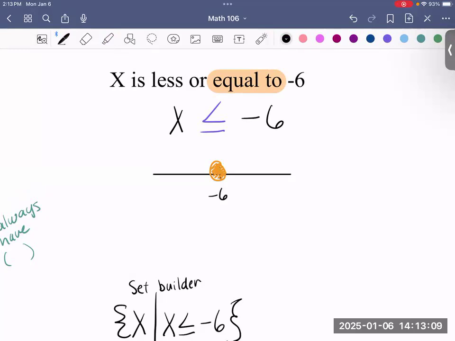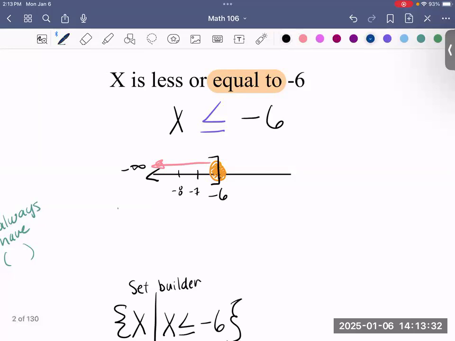If it's less than or equal to -6, we can be -6 or anything less. Less than -6 is -7, -8. We're going off towards the left-hand side, towards negative infinity, meaning we're shading in this area. Again, the shading is necessary. Your bracket, if you want, will go towards that side.